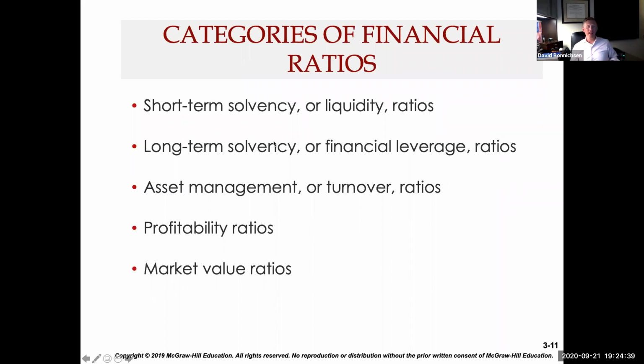So when we think about the different categories of financial ratios, we're really talking about 5 different categories. Short-term solvency, or liquidity ratios; long-term solvency, AKA leverage, so debt versus equity ratios; asset management, so inventory turnover, accounts receivable turnover, accounts payable turnover, so how we're managing the assets that we have; profitability ratios like gross margin and profit margin, operational efficiency; and then market value ratios.